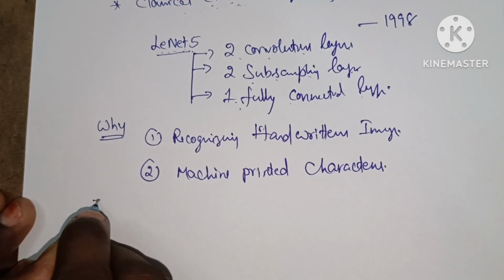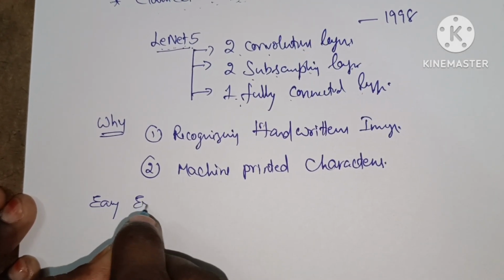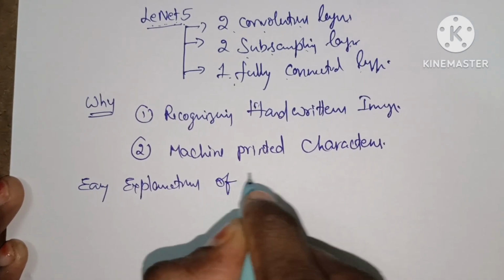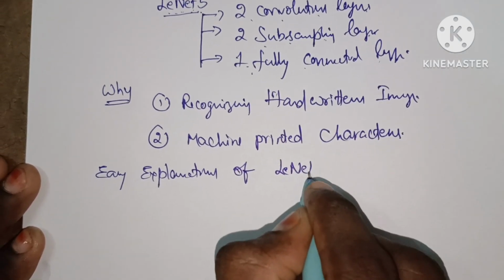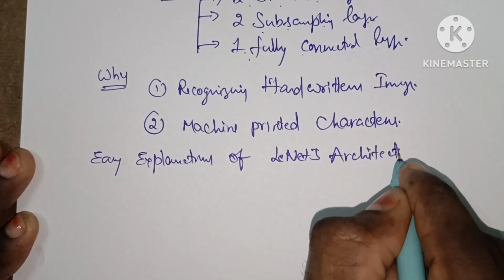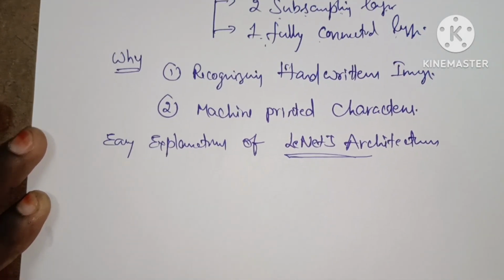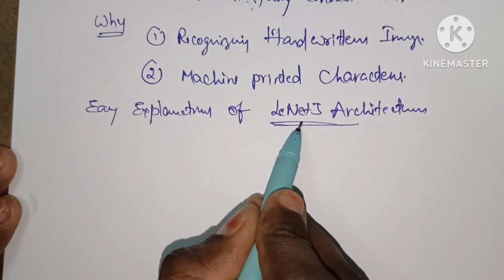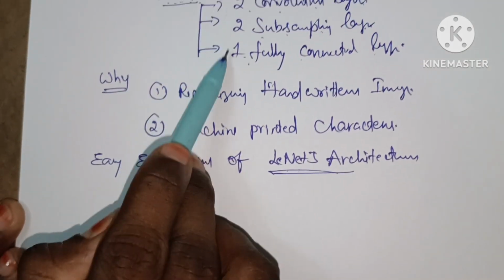Okay. So now the easy explanation of LeNet5 architecture. LeNet5 consists of different types of layers.